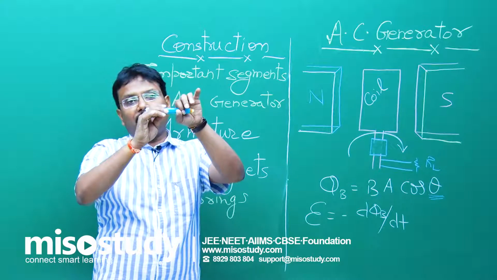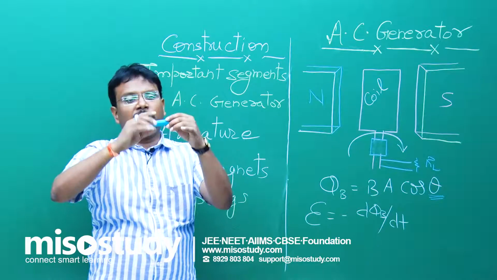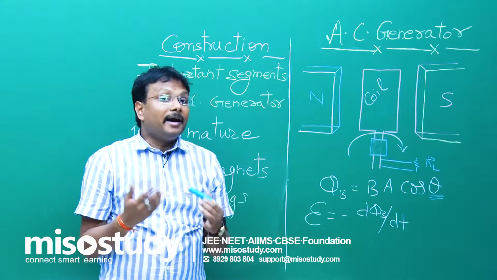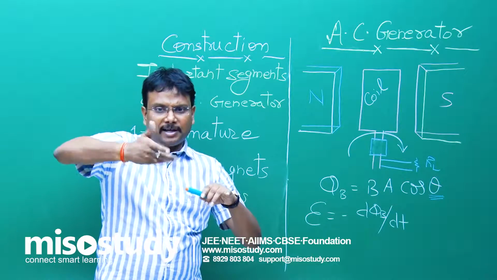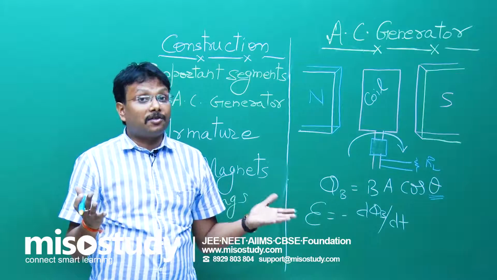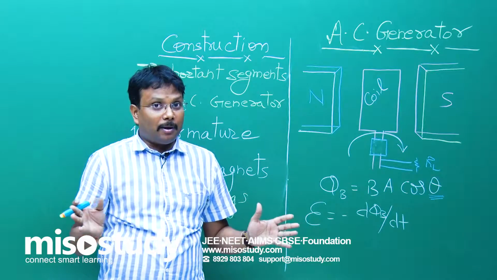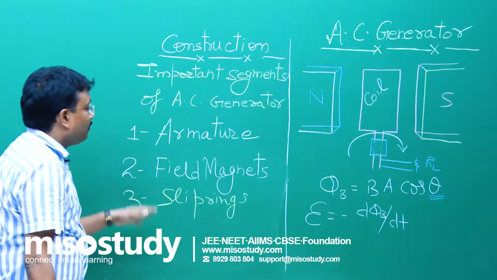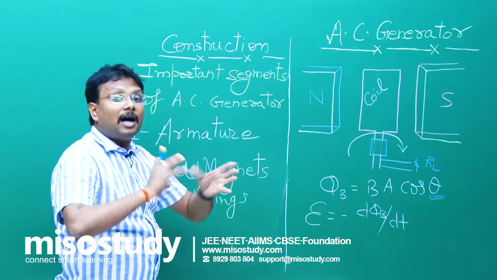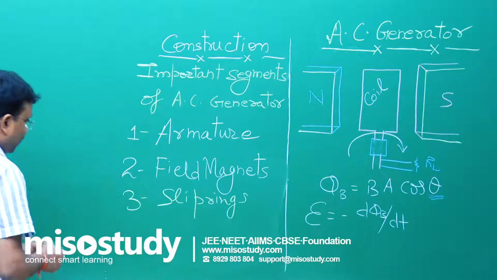So, I will definitely need a type of ring or arrangement in which I can put it and it can rotate, fine, something like that. So, this is the slip ring arrangement, so that it can easily rotate, because if there is any friction, it will create losses of energy, heat generation, and that will create a problem. So, slip rings help to rotate this armature easily, fine. So, third aspect is slip ring.